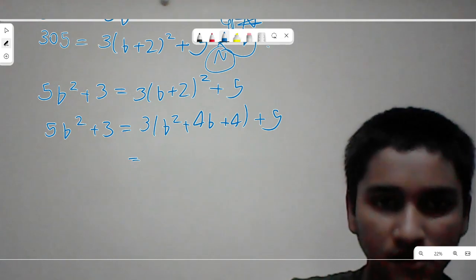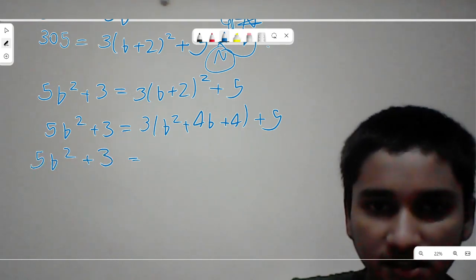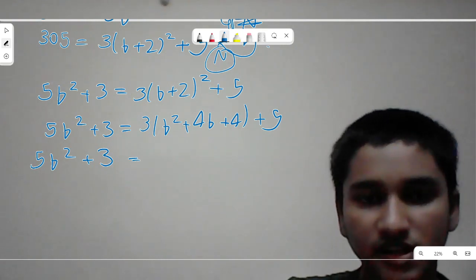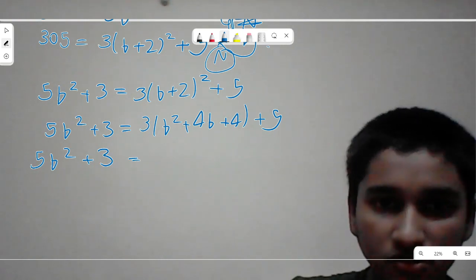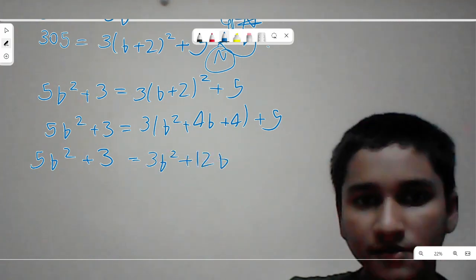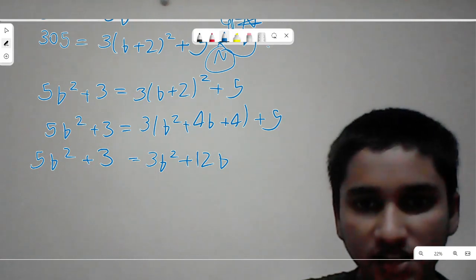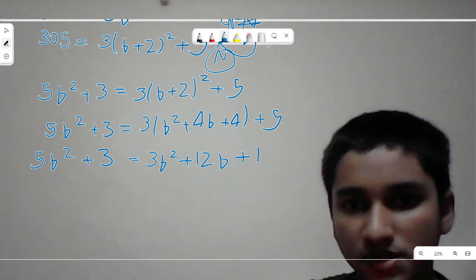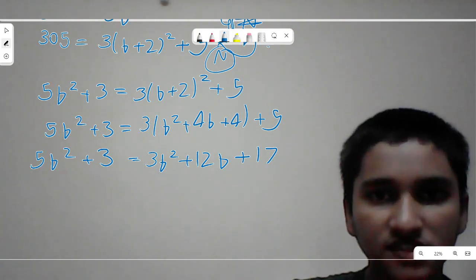This part we have no simplification, but in this part we have some. So first quickly use the distributive property. So 3b square plus 12b plus 3 times 4 is 12, and we have an additional 5 also. So let's quickly add it as well. So that's plus 17.